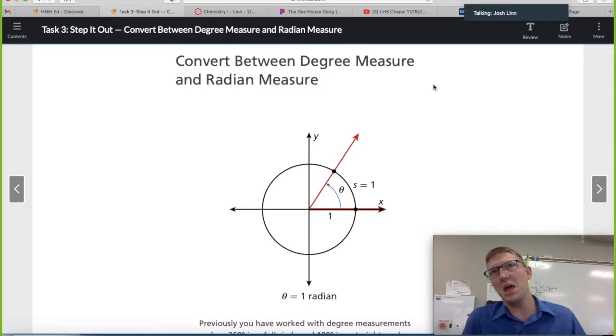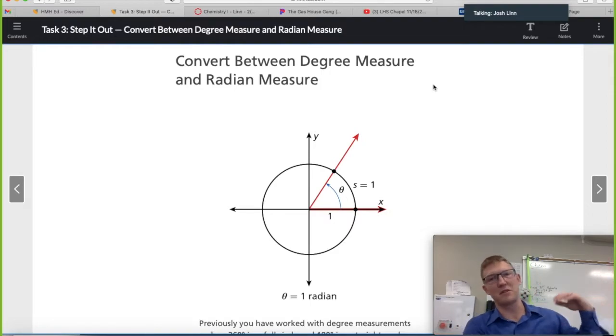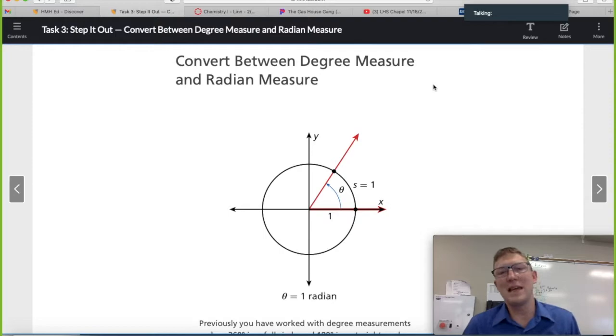Somebody just said, let's throw 360 degrees in a circle. So when you get into upper level math, it gets kind of hard to use degrees because it's kind of like the English system, where if you transfer degrees into something else, there's 360 of them, and it gets a little weird after a while.